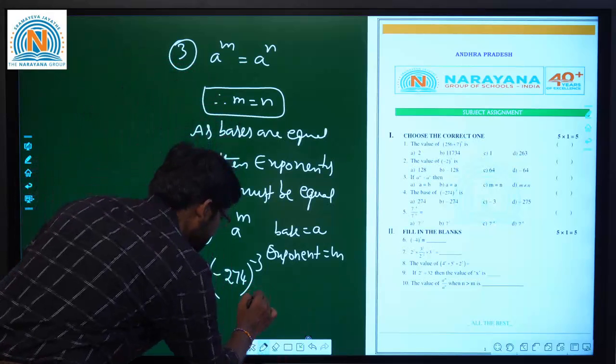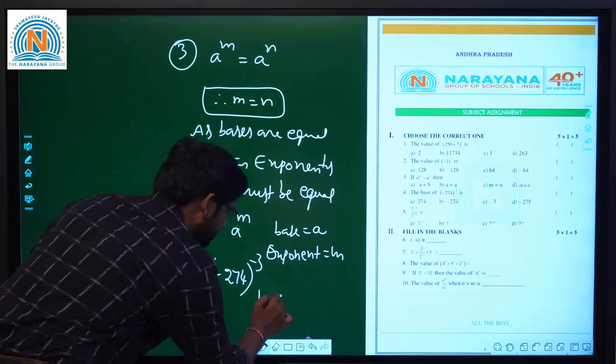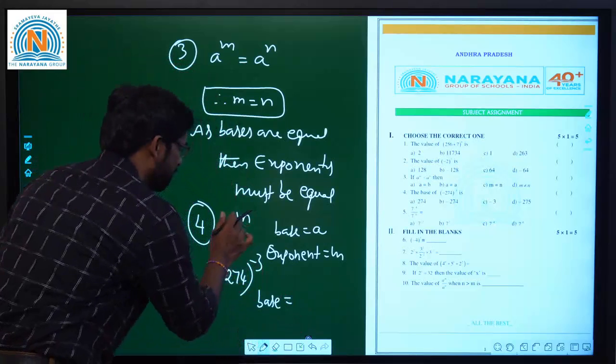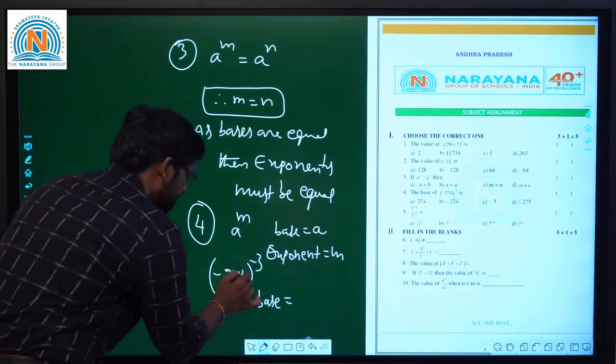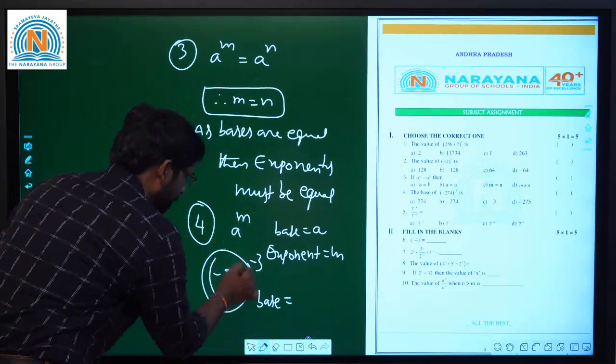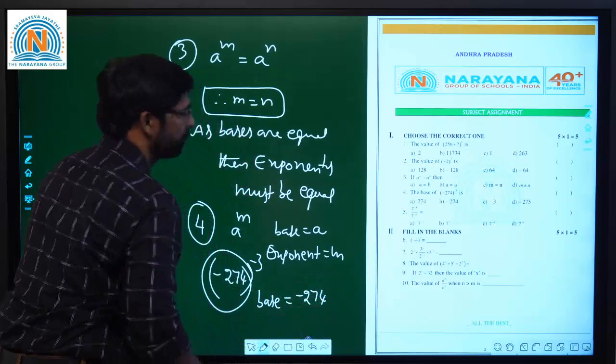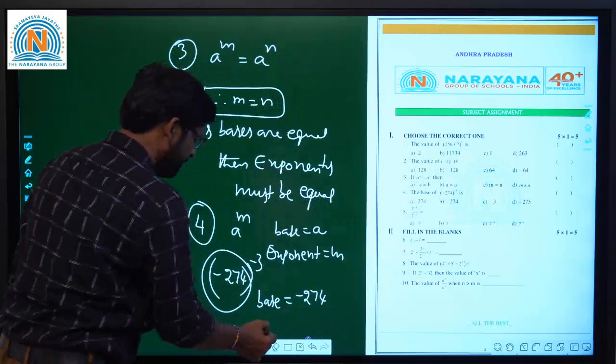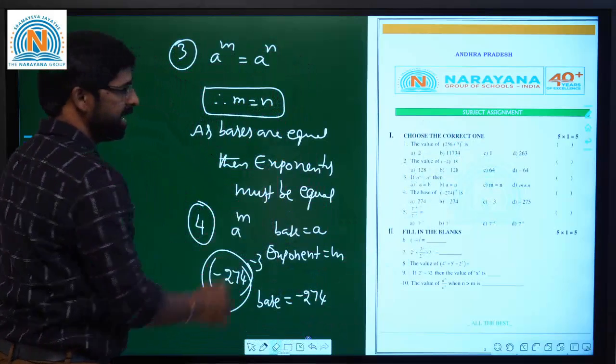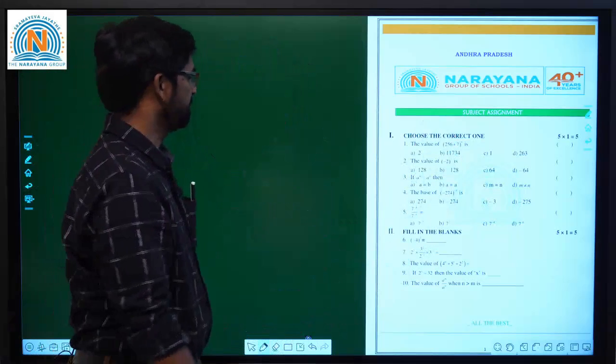So which one is the base? Comparing with a to the power of m, the base is minus 274. So option B is correct. Is that clear?